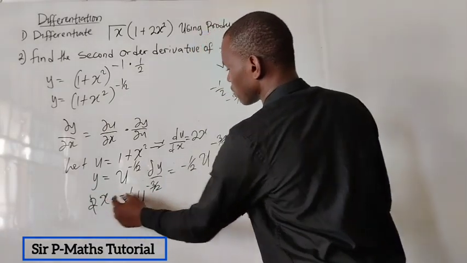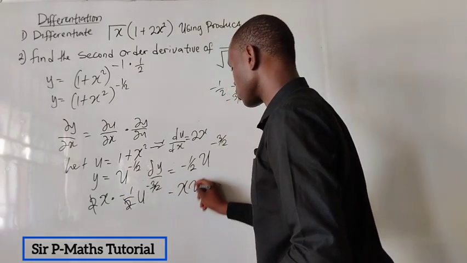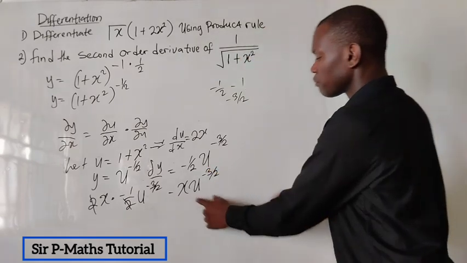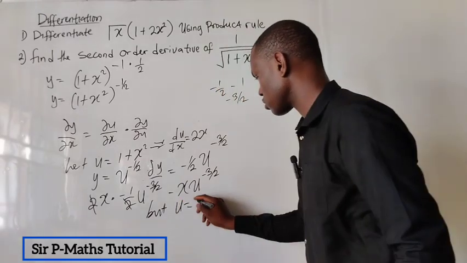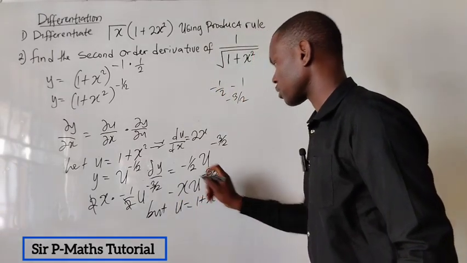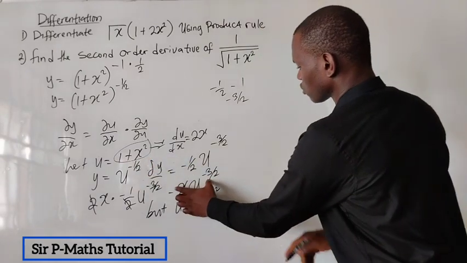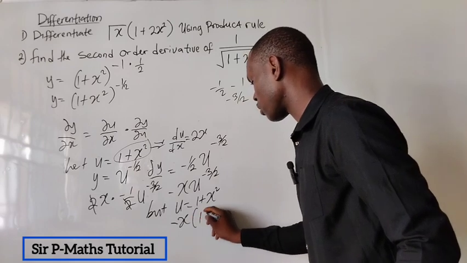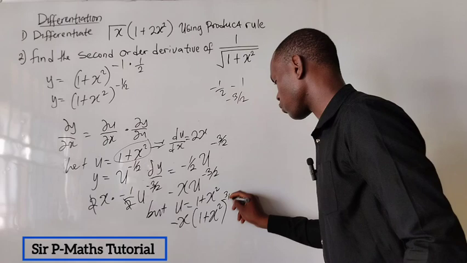So I have x times minus 1 to give me minus x u raised to the power of minus 3 over 2. But you recall, our u is equal to what? 1 plus x squared. Look at it here. This is our u. So let's put it in this function. So I will have minus x into 1 plus x squared raised to the power of minus 3 over 2.